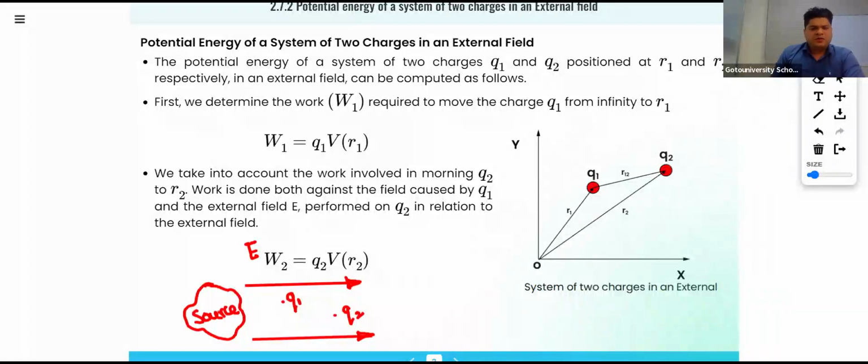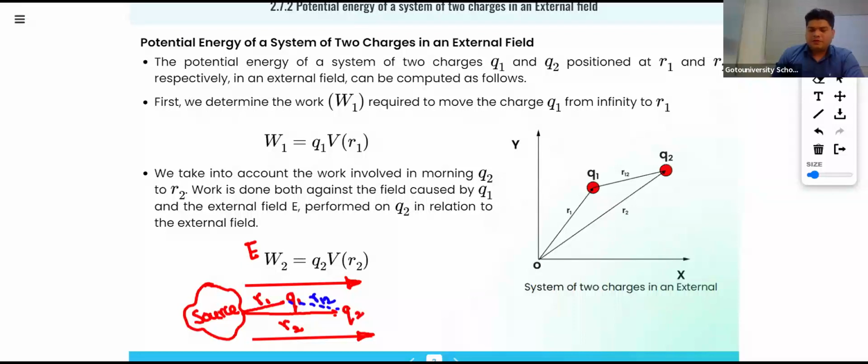From that external source, charge q1 is at a distance of r1 and charge q2 is at a distance of r2. And the distance between q1 and q2 was r12.